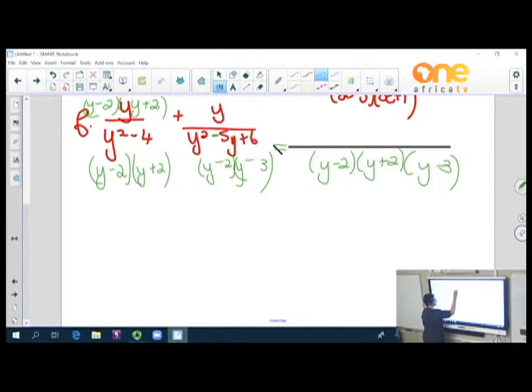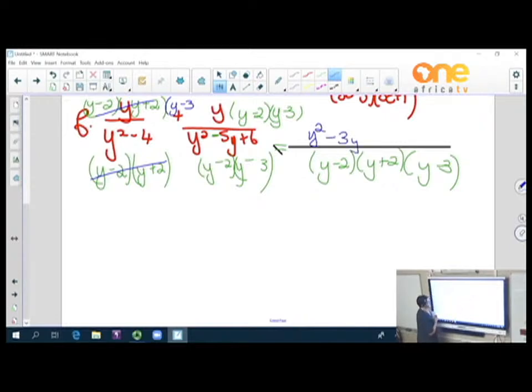And here I multiply with y minus 2, y minus 3, and cancel. So this 2 will cancel out. Then there remains a y. Y minus 2. Still, I need to multiply it here with y minus 3. So then it is y squared minus 3y.